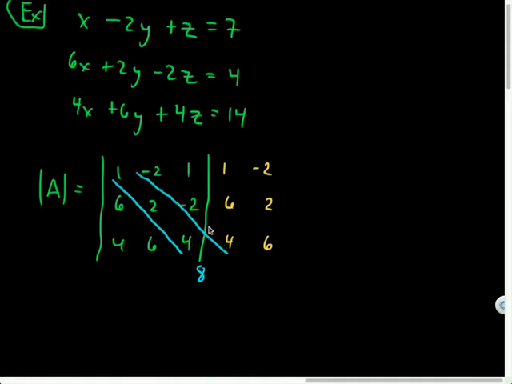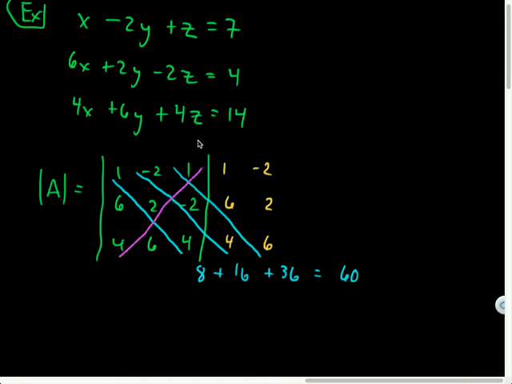4 times negative 2 is negative 8 times another negative 2 is positive 16. So I'm finding the product of all of my primary diagonals. That's 36. I'm going to add them up. 36 plus 16 is 52, plus 8, 60. Nice little even 60.